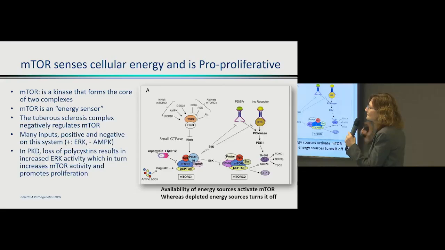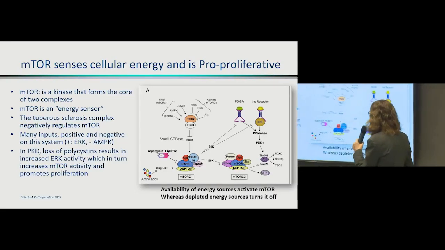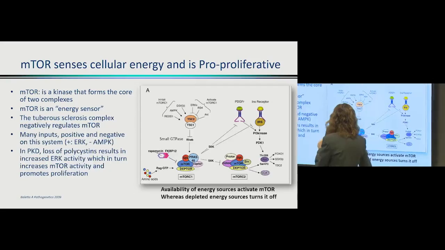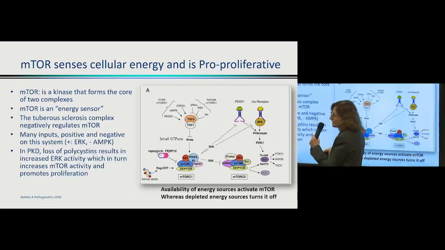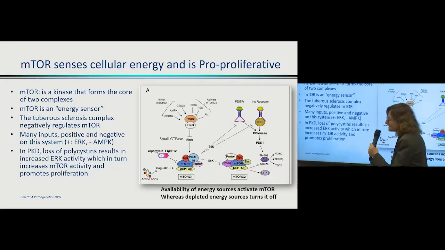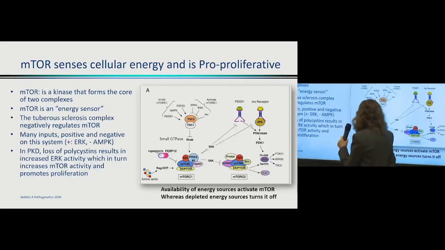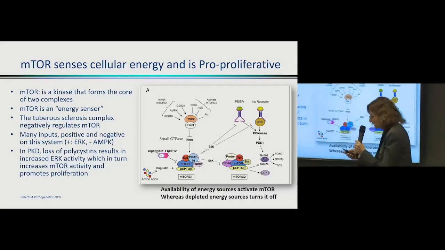And there are tons of inputs on this pathway. The bottom line is that there are some that inhibit mTOR and some that activate it. The one that I want to focus on is AMPK, which, the higher it is, the more it inhibits this growth system, okay?